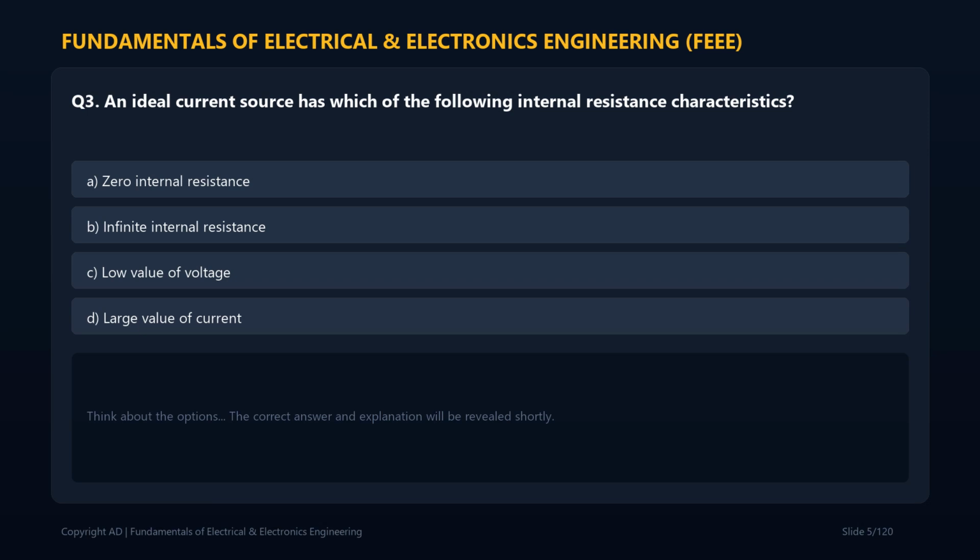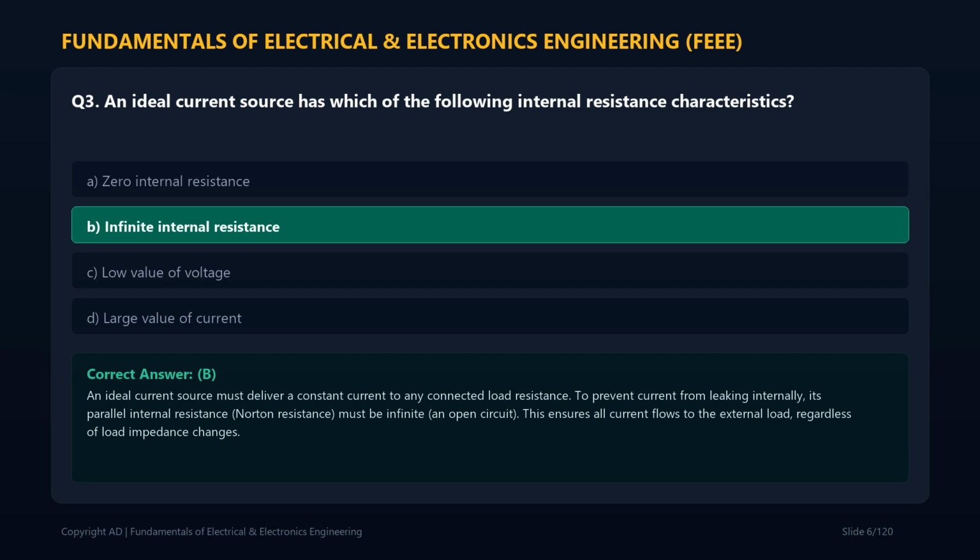Question 3. An ideal current source has which of the following internal resistance characteristics? Option A. Zero internal resistance. Option B. Infinite internal resistance. Option C. Low value of voltage. Option D. Large value of current.